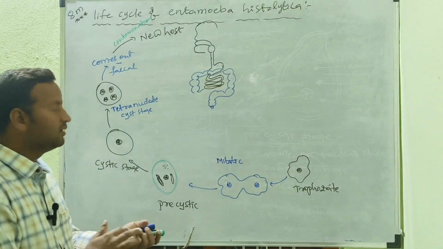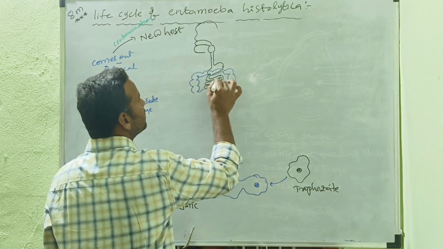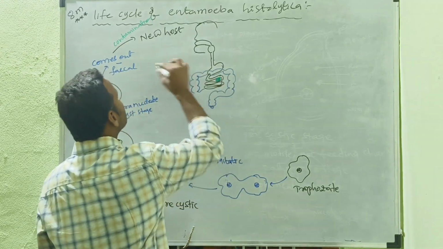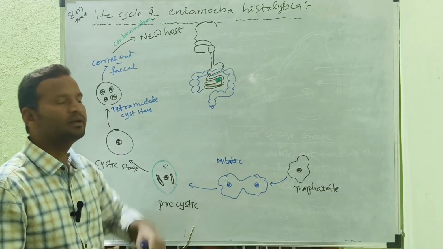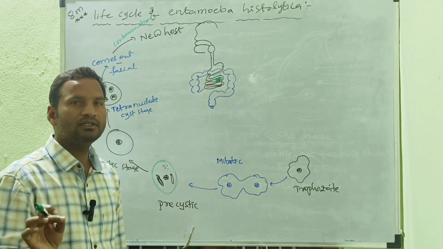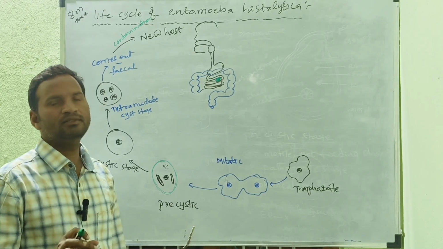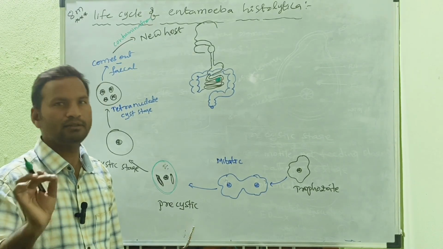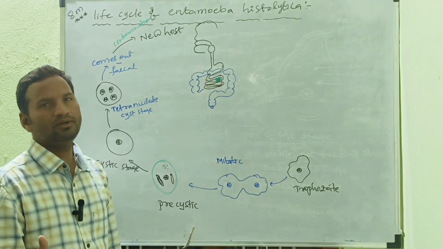But when they reach the small intestine, this tetranucleate cyst stage reaches the small intestine. In the small intestine, in the presence of digestive enzymes, especially trypsin, the cyst wall is dissolved.